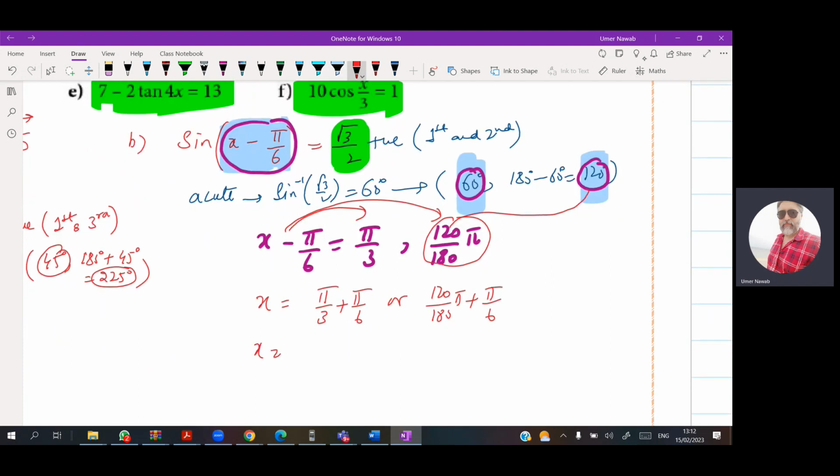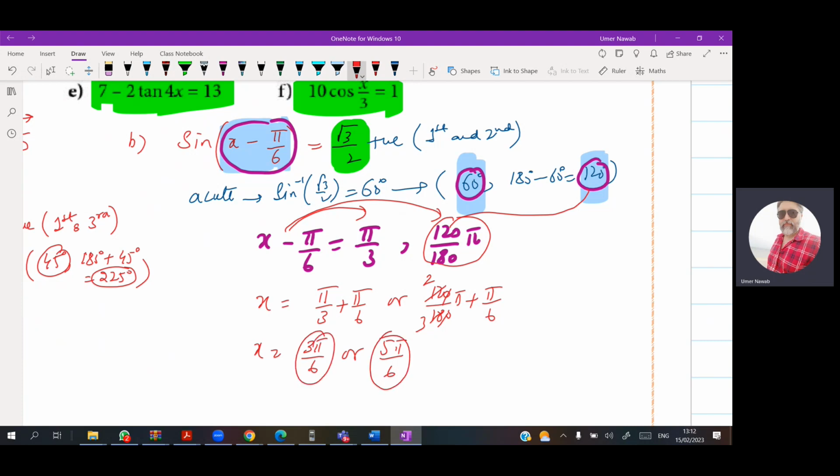So it will give you what, guys? 2 pi plus pi, so 3 pi, so 3 pi by 6. And this will give you, if you simplify, pi over 2. This is 2 and this is 3, so times with 2, 4 and 1, 5 pi over 6.